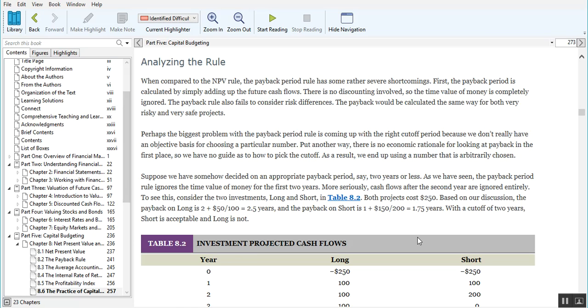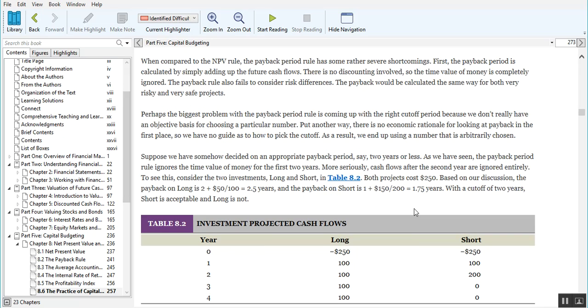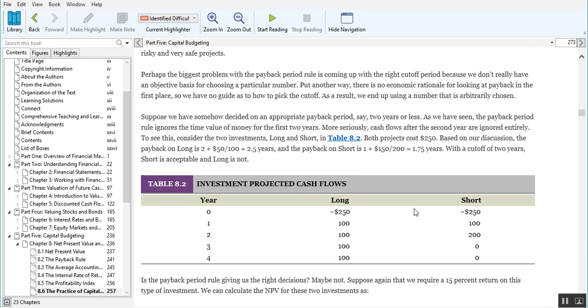This model really basically says all I'm concerned about is the time frame in which I recover my money. It also is arbitrary. Why should we say 3 years recovery time instead of 5? There's no logical reasoning behind why we have to choose this length of a cutoff period.